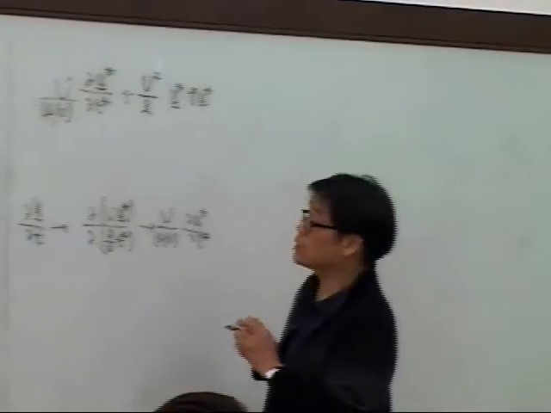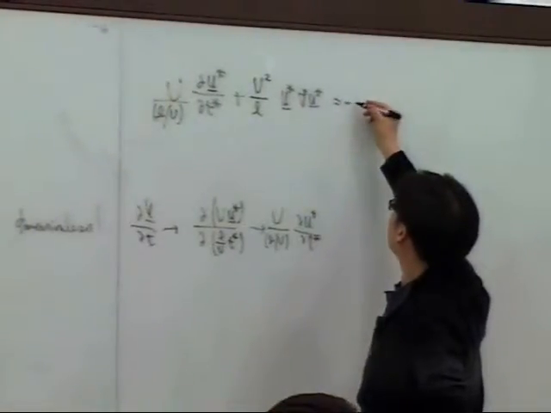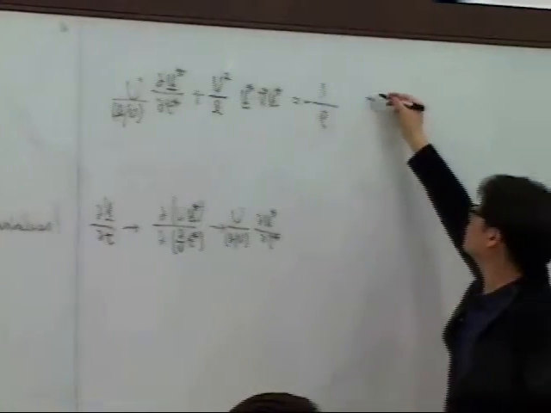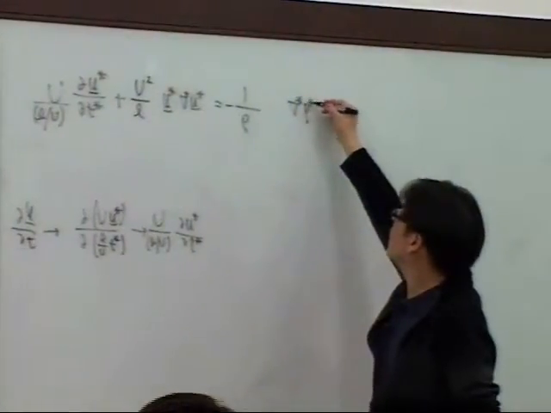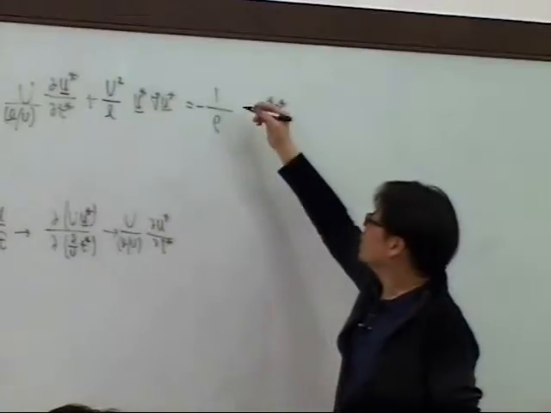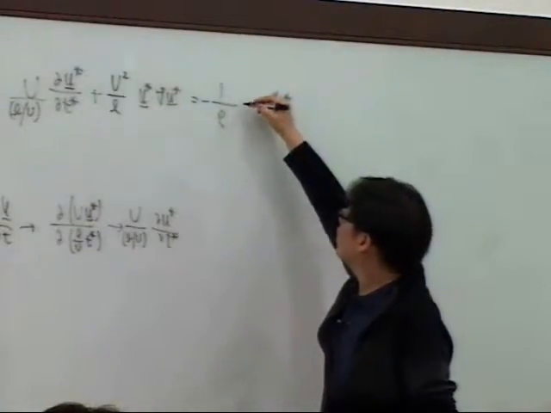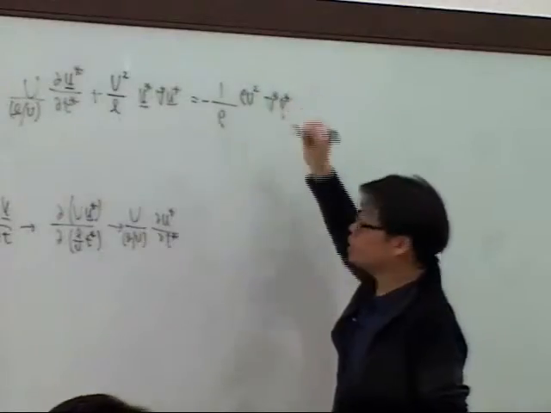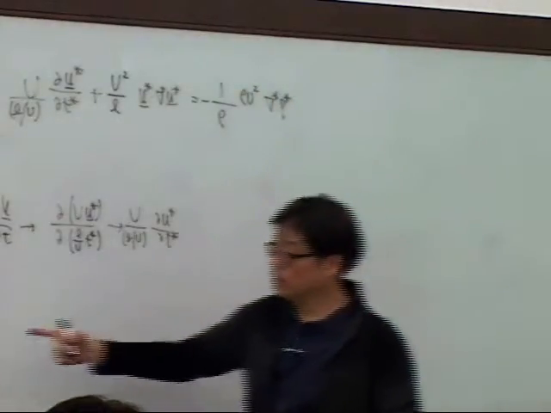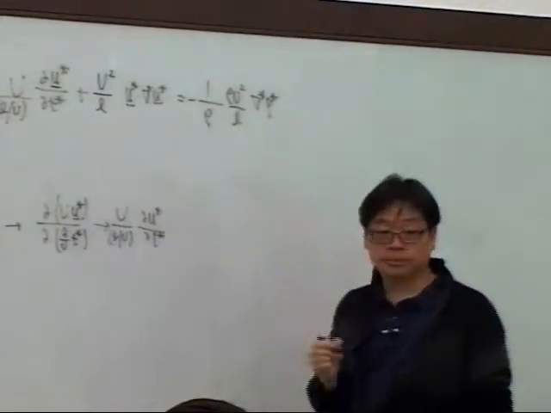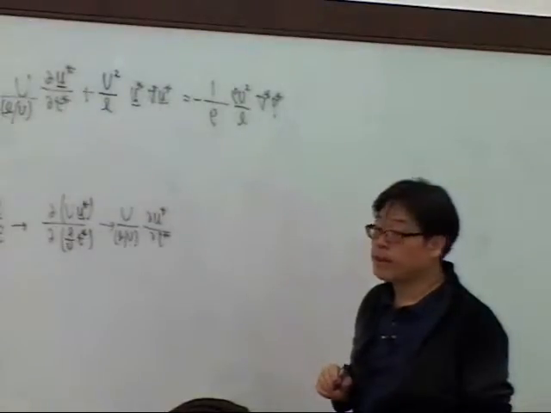What is the next term? I have one over rho here, and then I need this. P is non-dimensionalized with respect to rho U squared, so P is rho U squared times P star. And then I divide by L here. Okay?